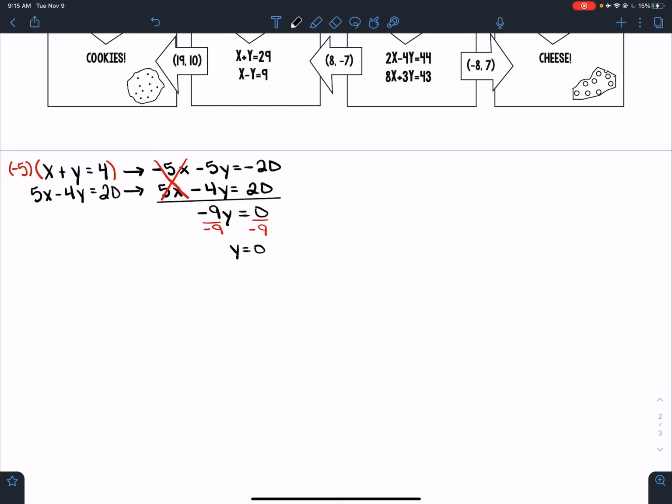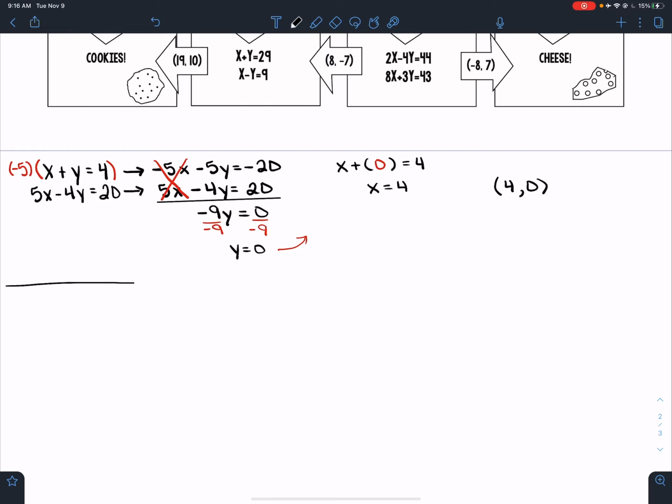Now using substitution, we're going to take our first equation, in this case, x plus y. So we're going to have x plus whatever our y value is equals 4. Our y value is 0. X plus 0 is just x. So x equals 4. Our solution is 4, 0.